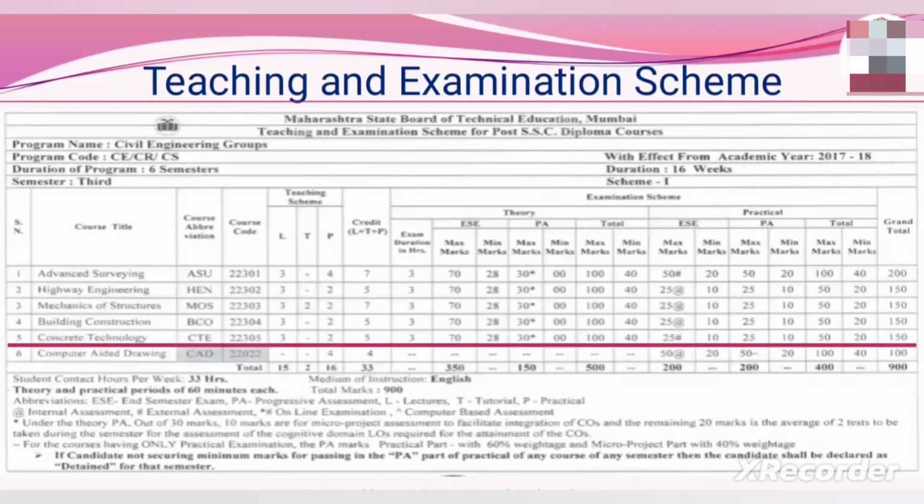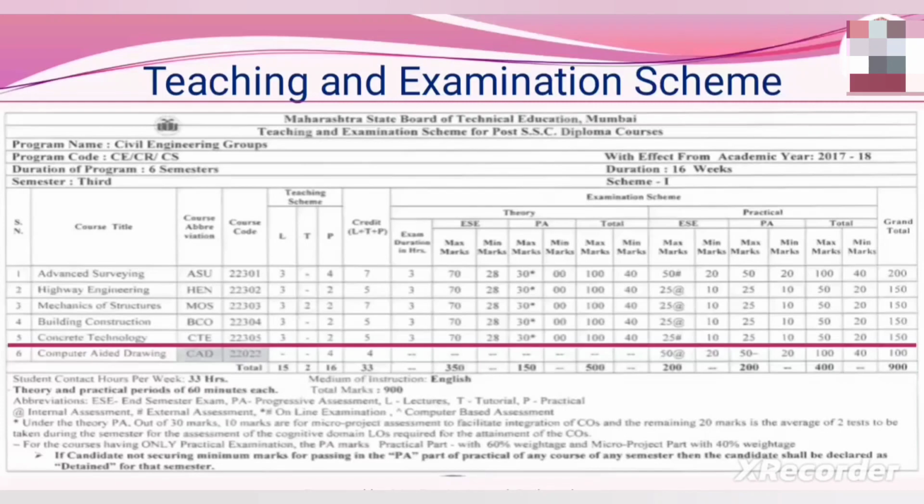Next, we have practical examination for 25 marks. For this subject, we have external oral. Next, practical progressive assessment for 25 marks. For that, student has to perform 12 practicals during the semester.